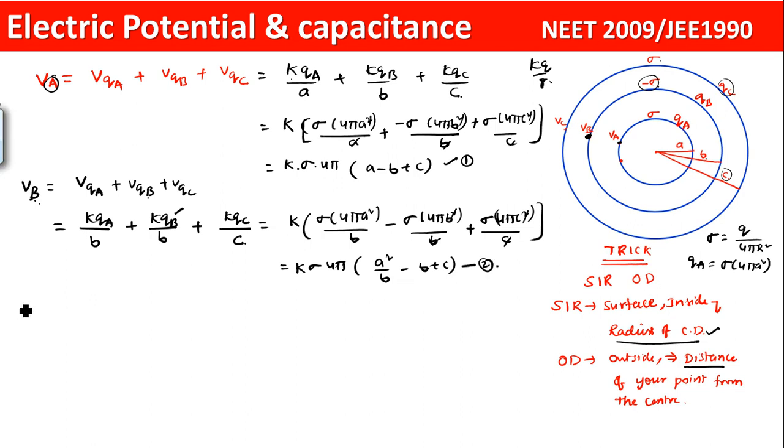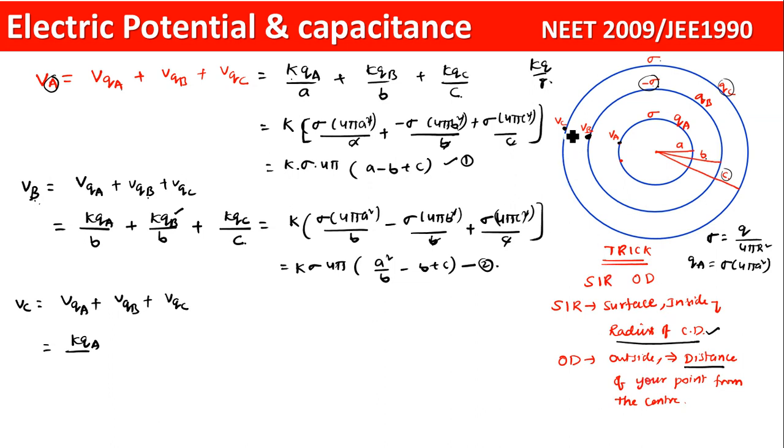Now let us find out VC. That is also again V due to QA, potential due to QB plus potential due to QC. Now here is the point where you want to find out the potential. Your point is outside for this charge distribution. So KQA by, outside means we need to consider the distance of your point from the center.